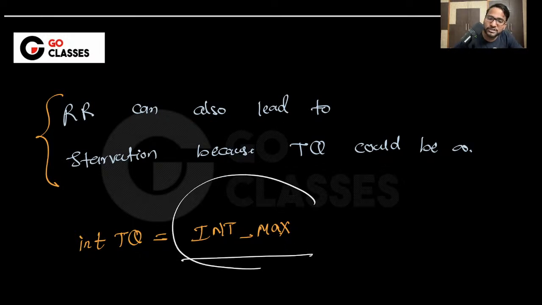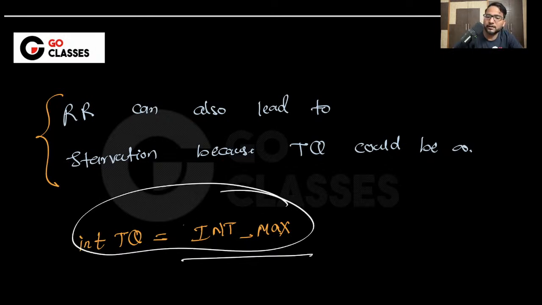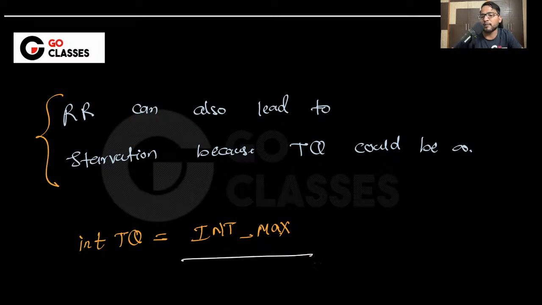It will hold some maximum range. It cannot hold infinity. It can hold a very, very large number, but not infinity. You're getting my point? So you cannot say the time counter could be infinite. The time counter has to be finite. There is no logical argument saying that the time counter could be infinite.